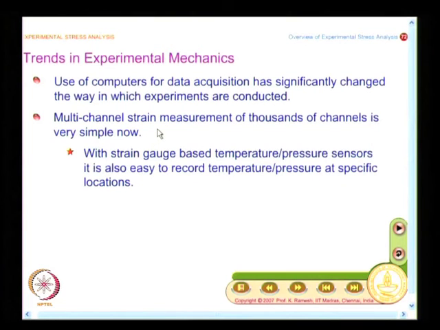And another advantage is, it is not only that you measure strain, you also need to measure temperature, you may also have to measure pressure in a system. So, with strain gauge based temperature and pressure sensors, it is also easy to record temperature and pressure at specific locations. So, you measure strain, you are also in a position to measure temperature, and pressure, and some of these will always come in a combination.